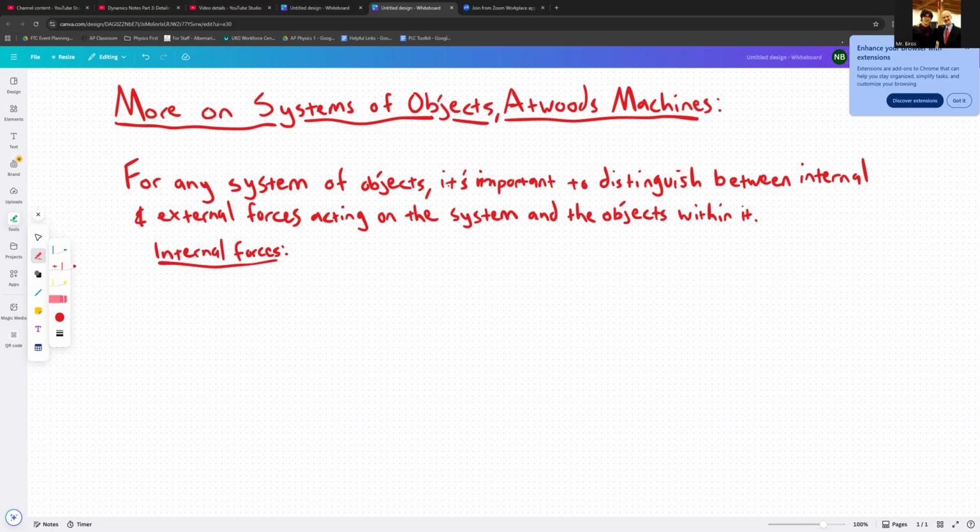And then I'll give some examples of this. We'll talk a little bit about how we see internal and external forces show up in some of the systems we could see around us. So internal forces are forces acting within the system.